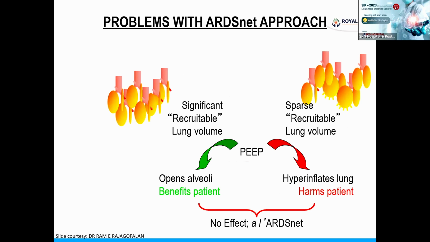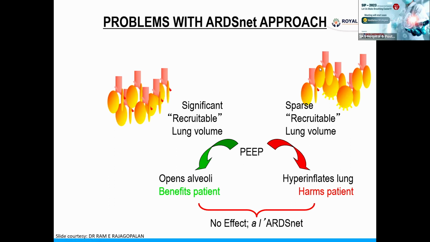Even if you keep a PEEP, the problem with the ARDS net approach is that again, it is a heterogeneous population. Not all the alveoli are going to be recruitable. In patients with significant recruitable lung volume, or in patients who have a lot of collapsed alveoli which can be opened up with a PEEP, PEEP is going to benefit.